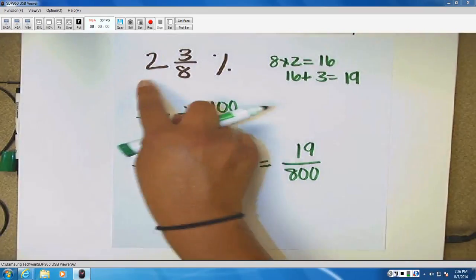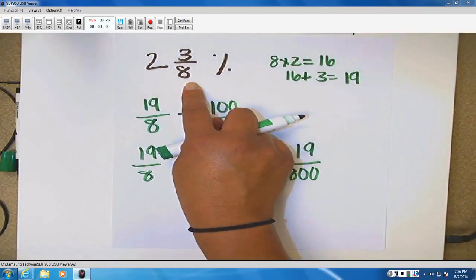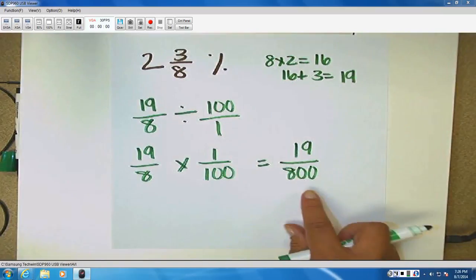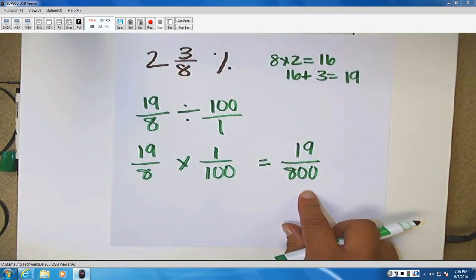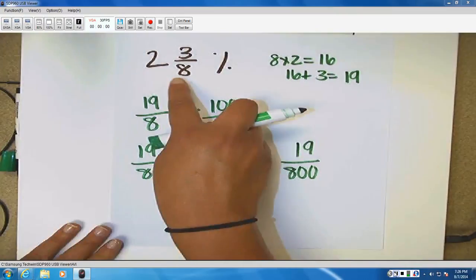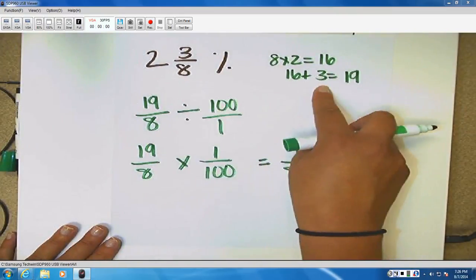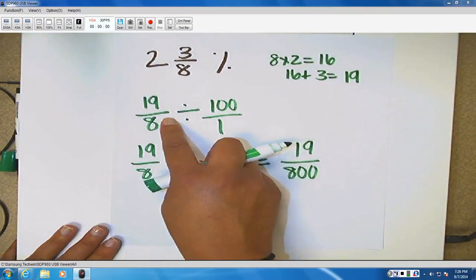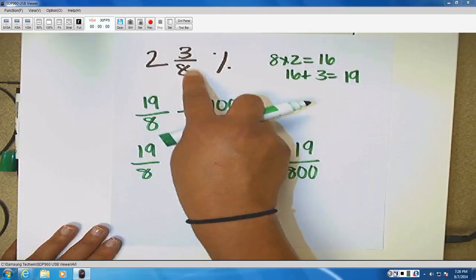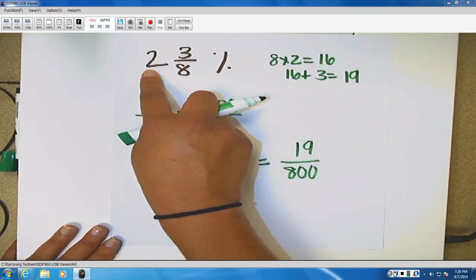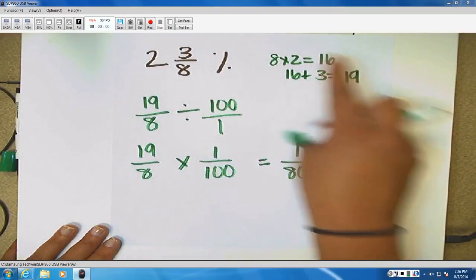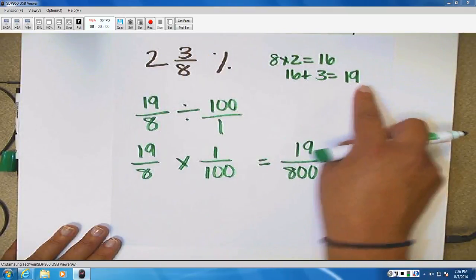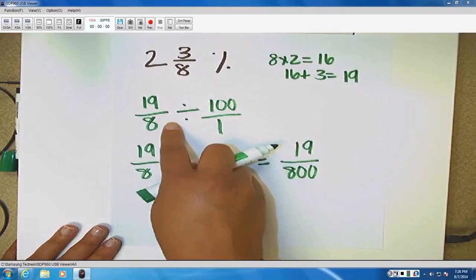So we took 2 3/8%, and we turned it into a fraction. We end up with 19/800ths. We first took our mixed number and turned it into an improper fraction. We did that by taking the denominator, multiplying it by the whole number, and adding the numerator. That gave us 19. We put our 19 over our 8, and we had 19/8.